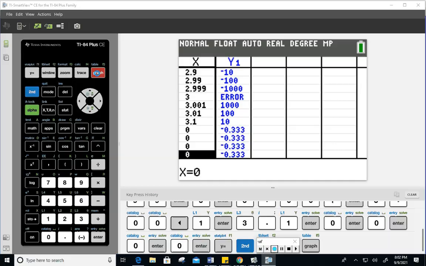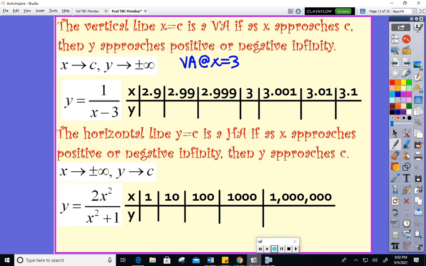So I'm just going to record the values that are on the table. I see that when I plug in 2.9, y is negative 10, and then I get negative 100, negative 1,000. I'm just going exactly with the values that I saw. I'm going to skip.